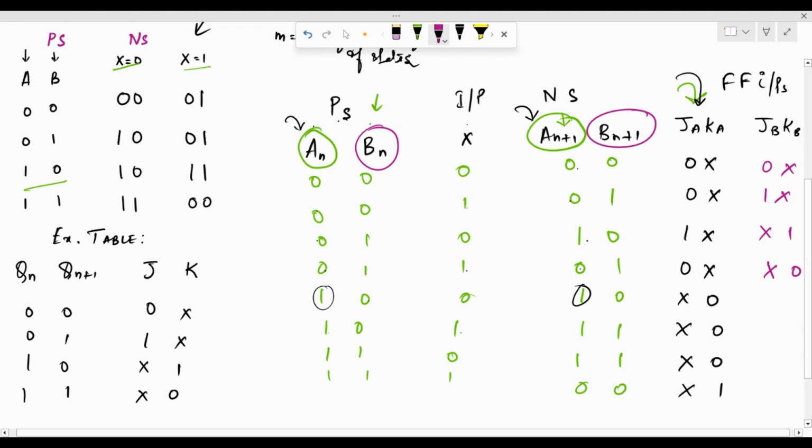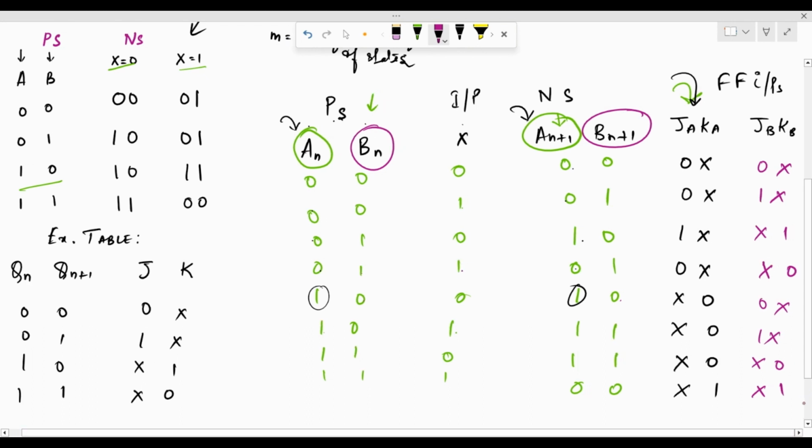Then we have 0 to 0 again, 0 don't care, 0 to 1 again, 1 don't care, 1 to 1 is don't care 0, and 1 to 0 is don't care 1. In this manner, we have filled up the entire excitation table for JK flip-flop A and JK flip-flop B.